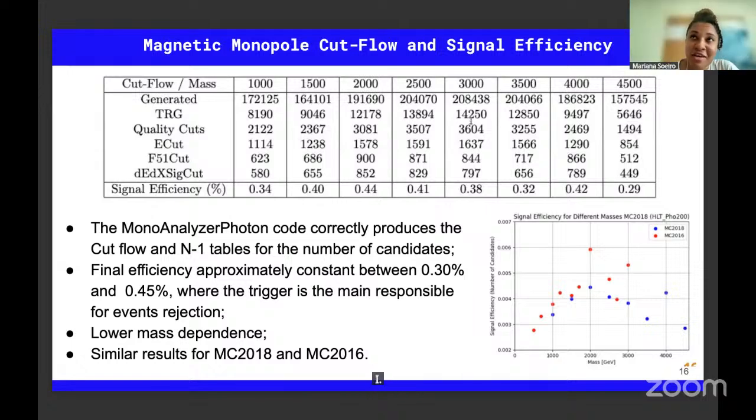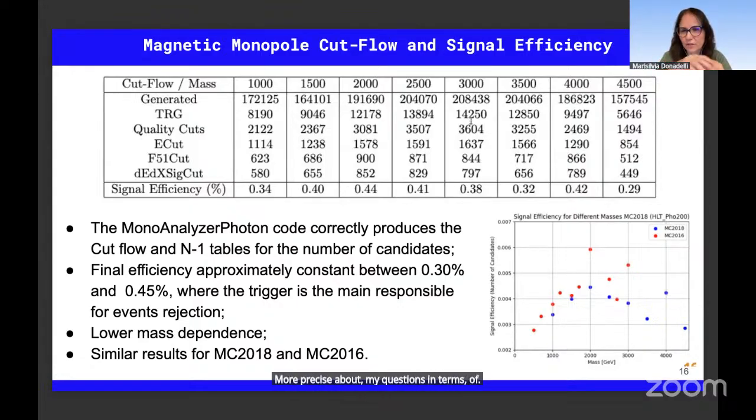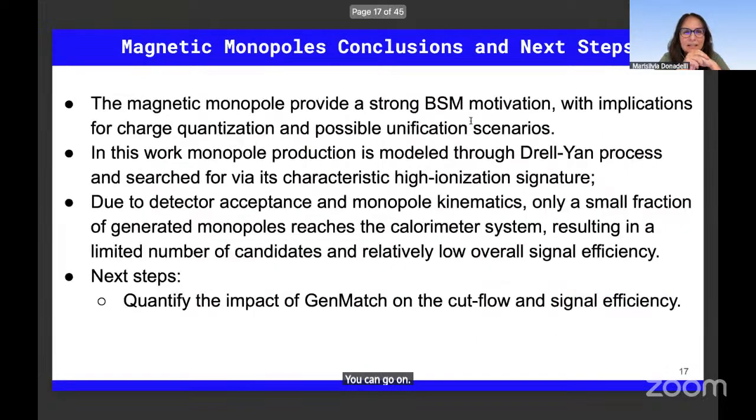I will check if I have that information, so that I could start being more precise about my questions in terms of your cut flow strategy here. But I know this is a qualification text, so you can go on.